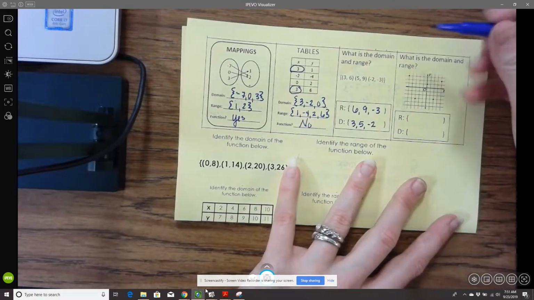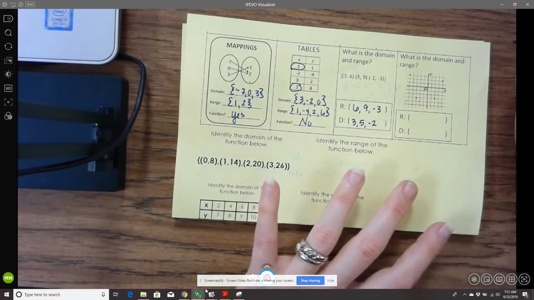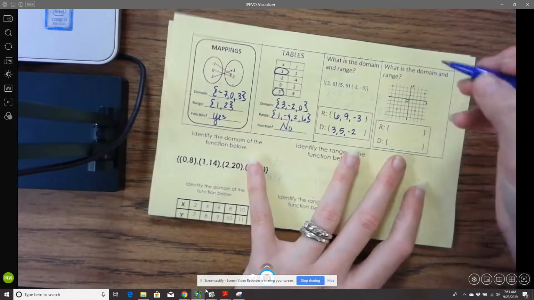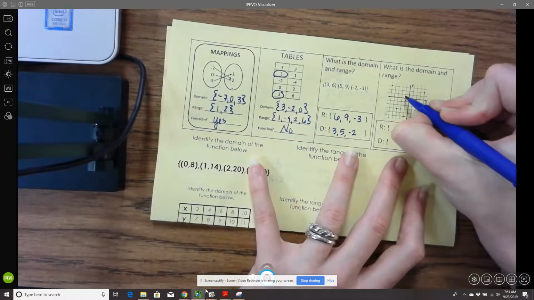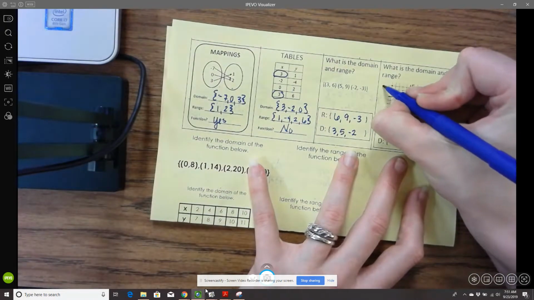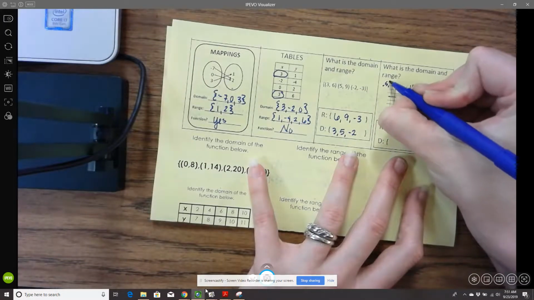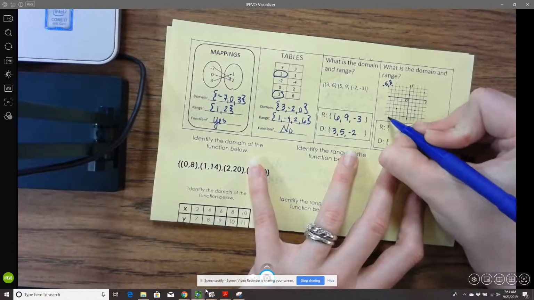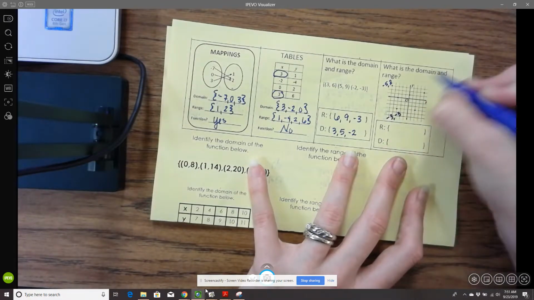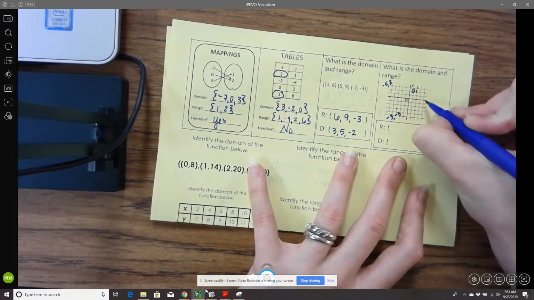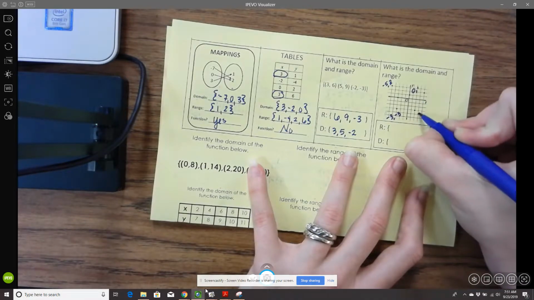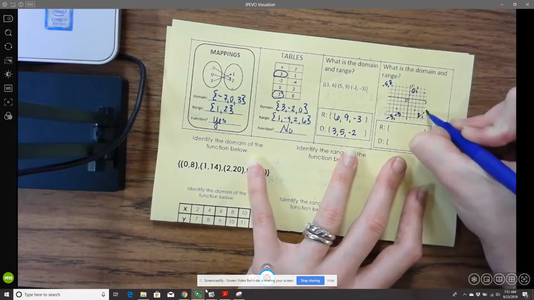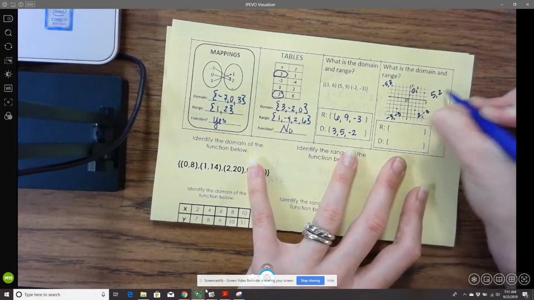So domain and range, again, you can list out your ordered pairs. And so here we've got 1, 2, 3, 4, 5. So -5, 3. Here we've got -3, -3, 0 and 1, 2 and -3, and 5 and 2.